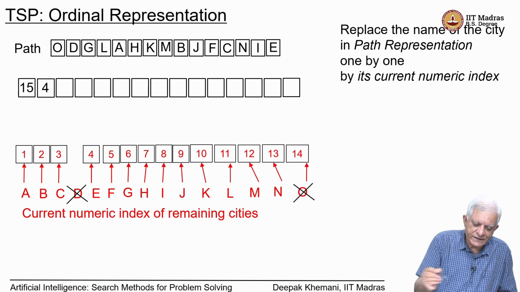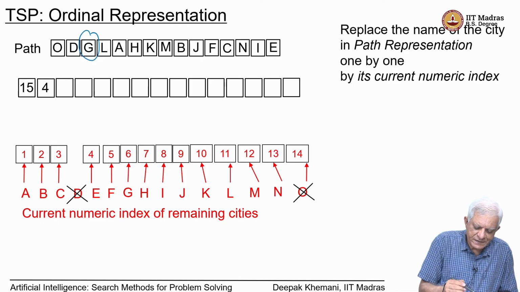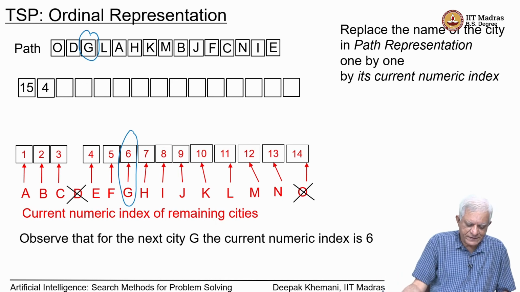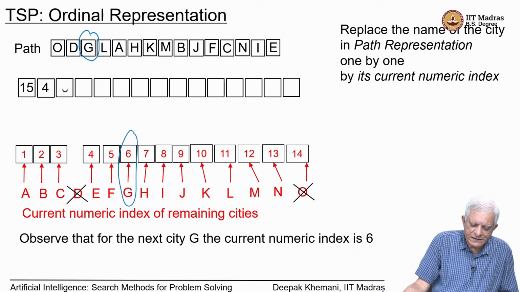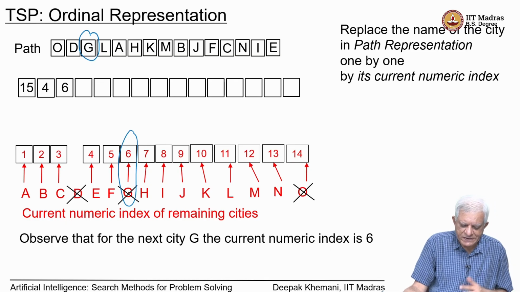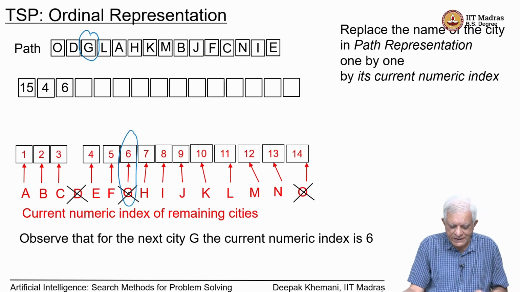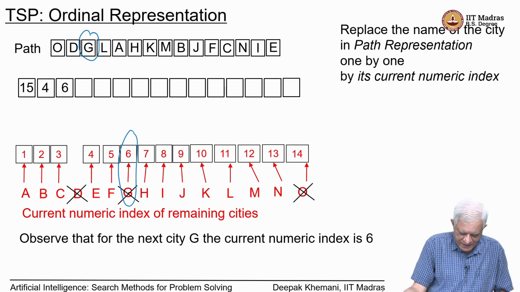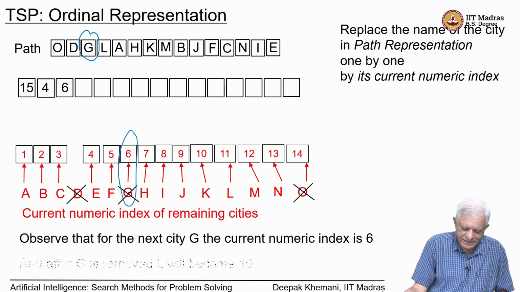So the next city we are interested in is G, and the index of G, as you can see, is 6. So we copy 6 there, and then we remove G also from the index essentially. This process continues, that we just choose the index of the next city and we remove that city from the index as we go along.